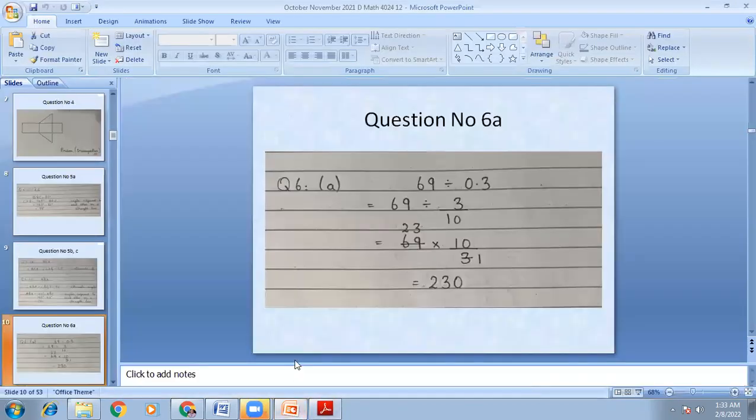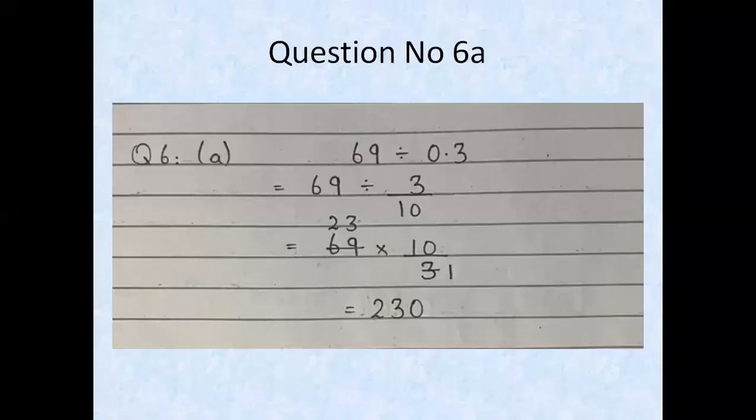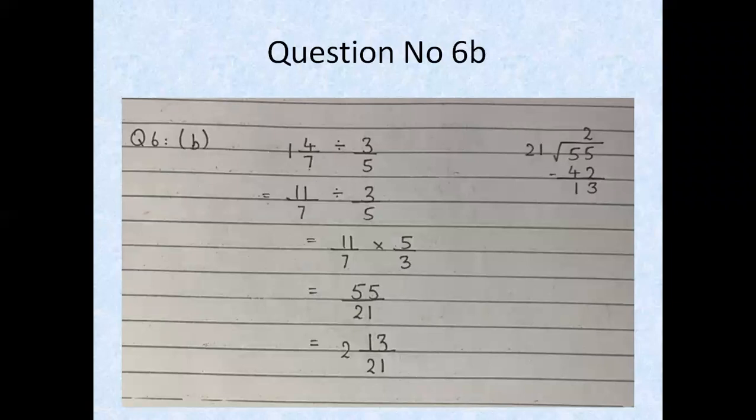I will convert that divide sign into a multiplication sign, and the fraction after that will reciprocate. So you will have 11 by 7 multiplied by 5 by 3. So you will have 55 by 21.